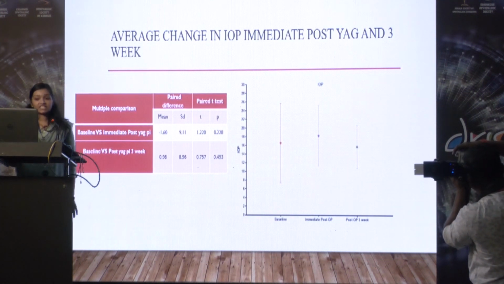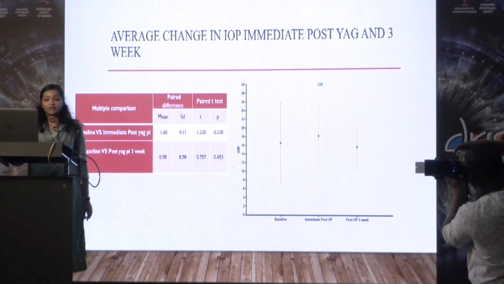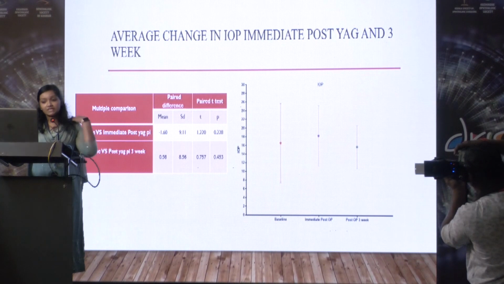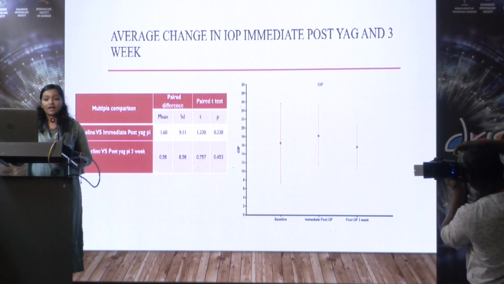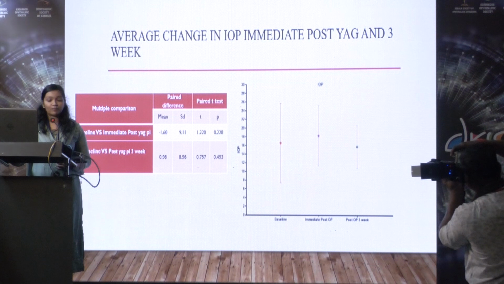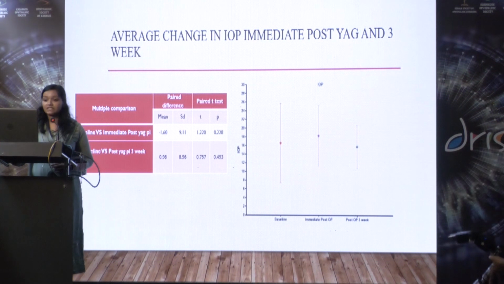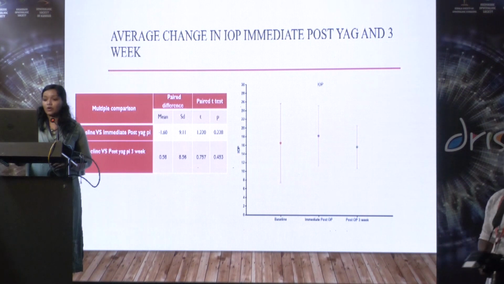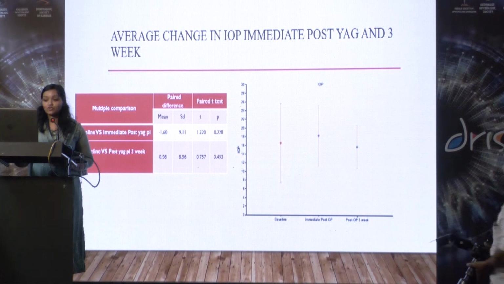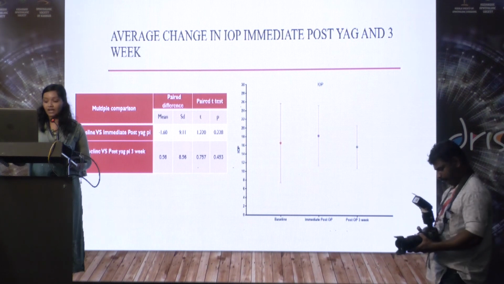This shows the average change in IOP. The average change in IOP from baseline to immediate post-YAG PI was 1.6 plus or minus 9.1, and the average change from the baseline to post-YAG at 3 weeks was 0.98 plus or minus 8. This is a dot plot chart which shows the mean and standard deviation of the IOP.